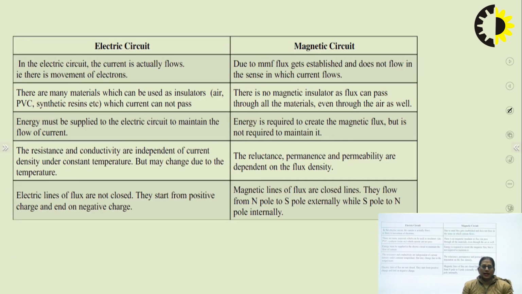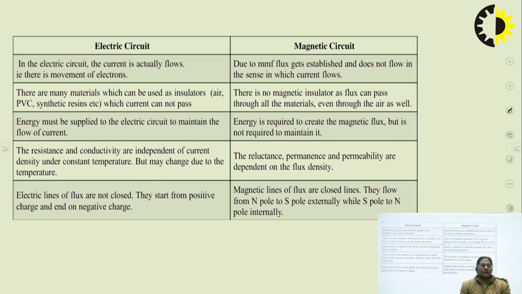Certain dissimilarities, if at all I say. In the electrical circuit, the current actually flows and there is a movement of electrons, right? But in a magnetic circuit, due to the MMF, the flux gets established and it does not flow in that sense, as we say for current.